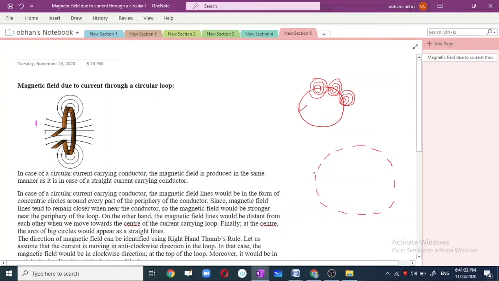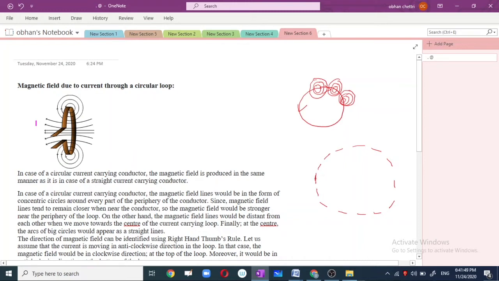So we will consider the circular loop as a combination of many straight current carrying conductors, so that in the circular loop also we can apply the right hand thumb rule.